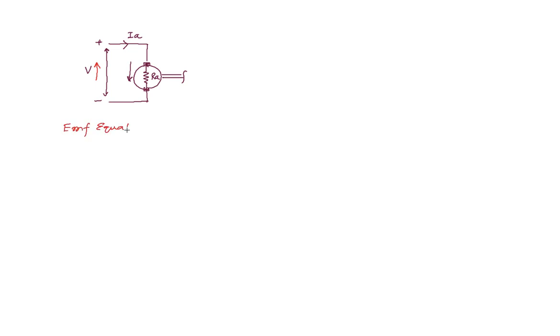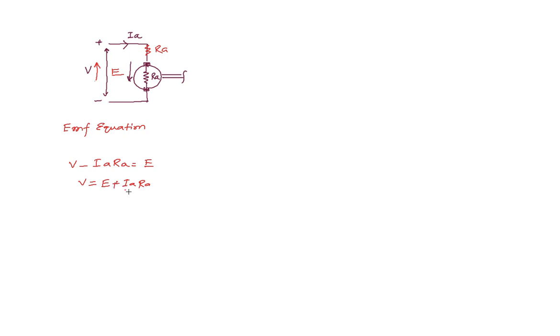V minus IA RA is equal to E. This is the back EMF. You can draw RA over here. So V minus the potential drop IARA is equal to the induced back EMF E, or we can say V is equal to E plus IARA. This is one equation.